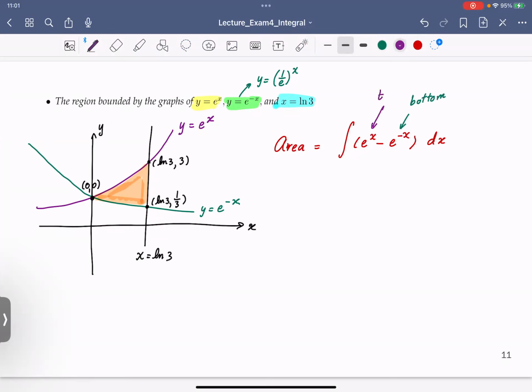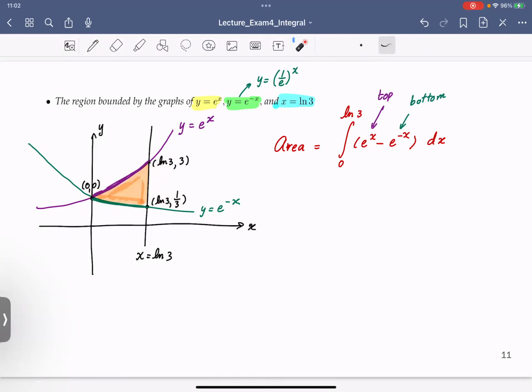So you do the top minus the bottom, and the x value goes from 0 to log 3, because you start from x equal to 0 and keep going to x equal to log 3.